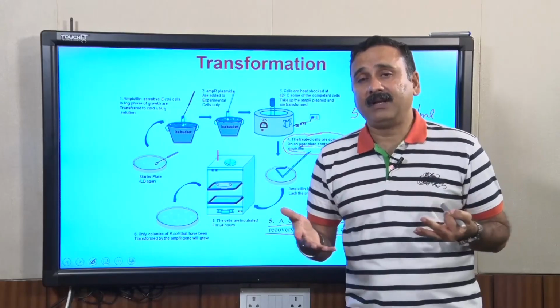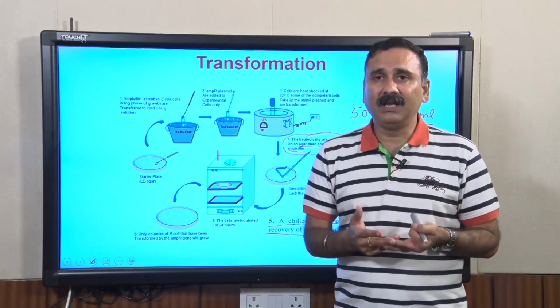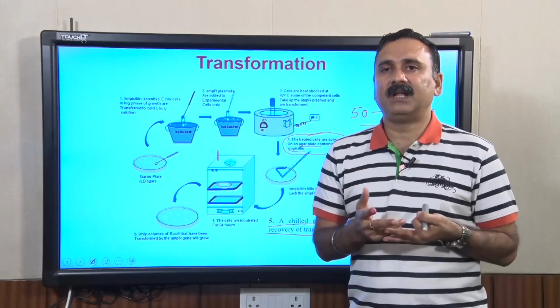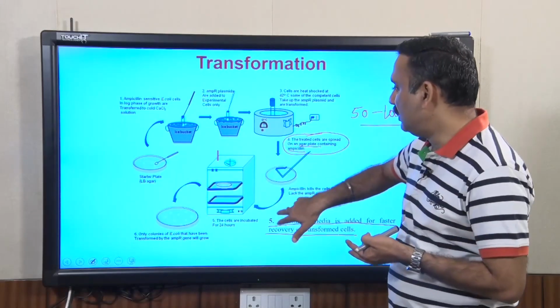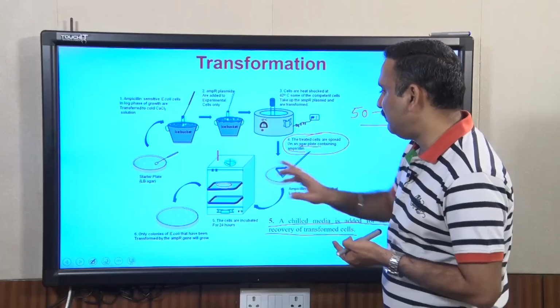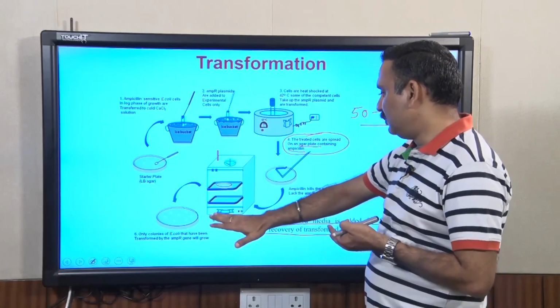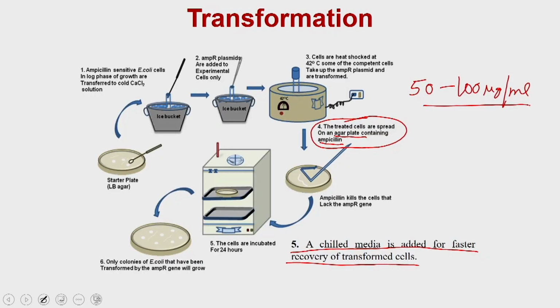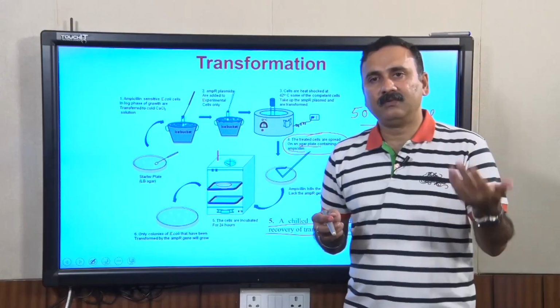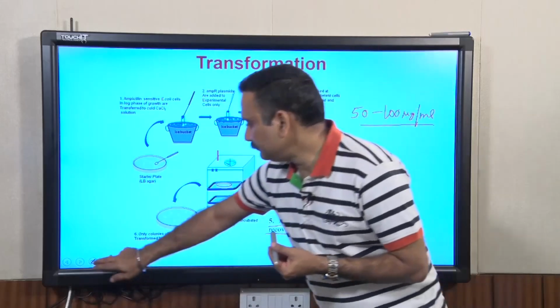If these cells have taken up the plasmid, they will acquire resistance against the ampicillin, and then you incubate them at 37 degrees Celsius in the incubator. The bacteria will grow and give you the colonies.